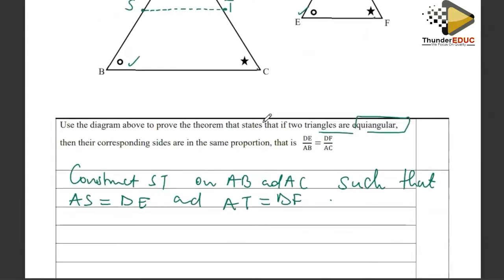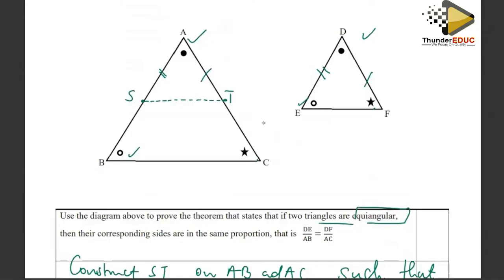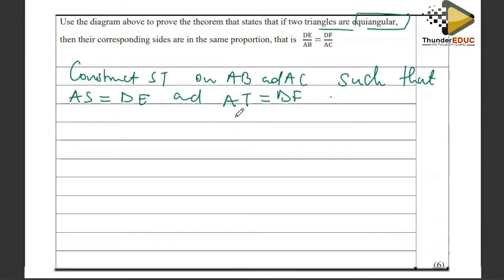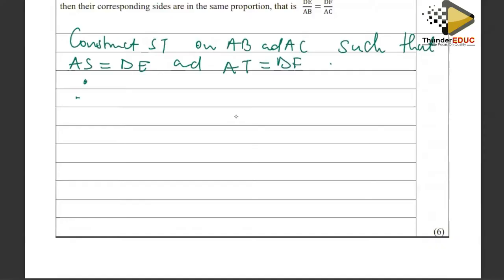So if we construct to show that this is the same as that, and this is the same as that, then we can say these two triangles are congruent because we have this side and that side, and then we have the angle. So therefore, triangle AST is congruent to triangle DEF. Reason: side, angle, side.